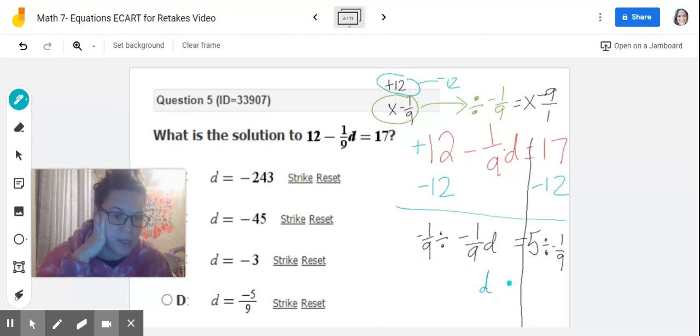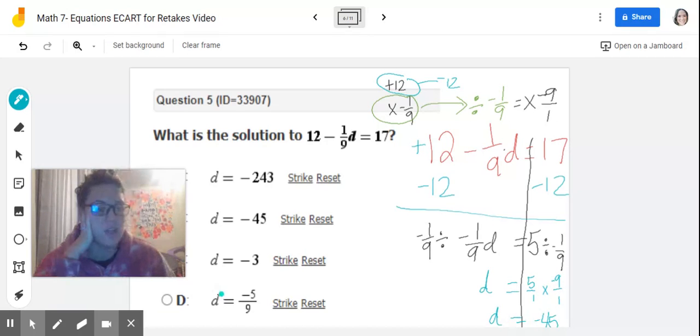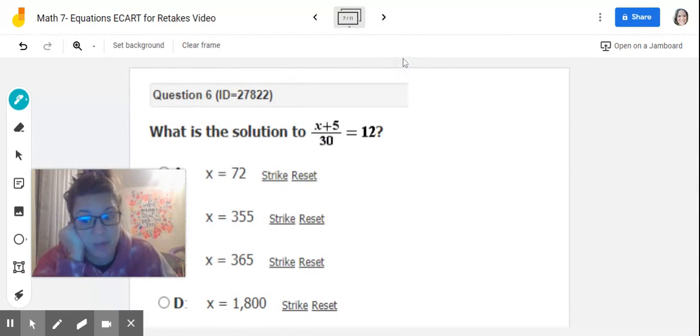I'm going to end up doing this: 5 over 1 times, flip this over, negative 9 over 1. So if you got negative 45, you were correct on this problem. That's a hard one because it's got the fraction, right? And you should be dividing both sides by a fraction, which really means you're multiplying by the reciprocal.